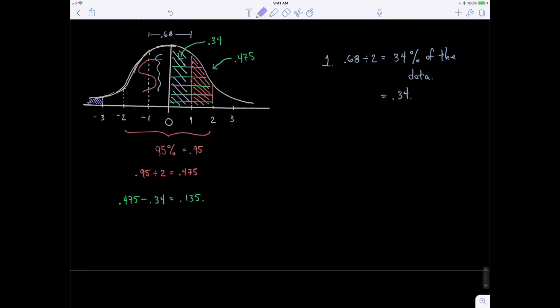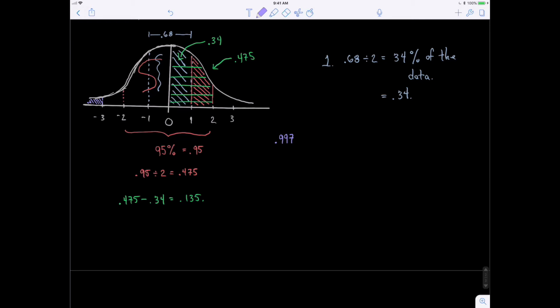Now, this is a more clever problem because here's what I know. When I talk about 3 standard deviations from the mean, that's 0.997. But that's the total amount between.